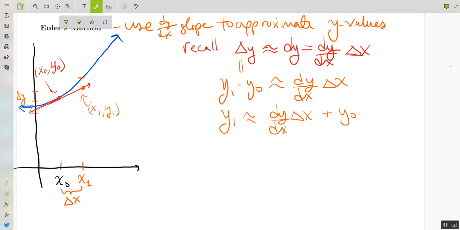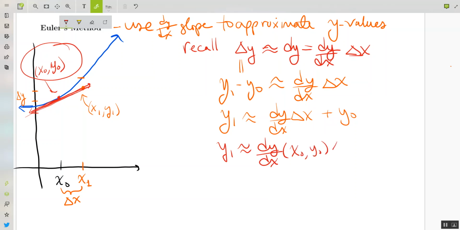Now, I'm going to add in one more thing. This slope, this red line I specifically used over here, was based on this base point, not just any dy/dx, specifically at this base point. So really, y1 was approximated as dy/dx at x0, y0, because that's where I put in my slope, times my change in x plus y0.